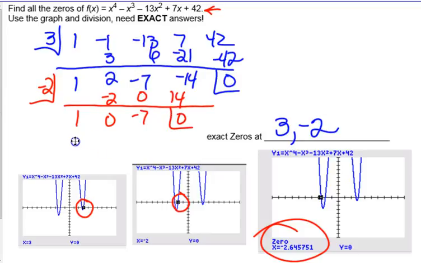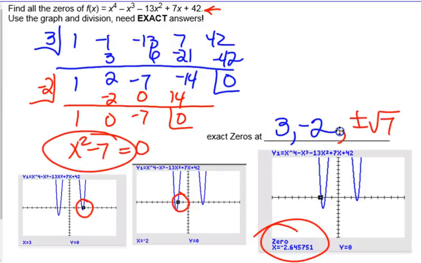Okay. Now what's left? If I set that equal to 0, I get plus or minus 7. Would you look at that? Okay. It could be. Could very well be.